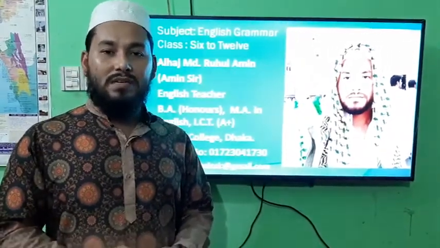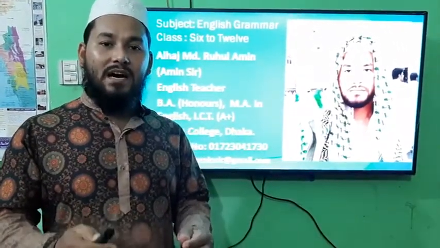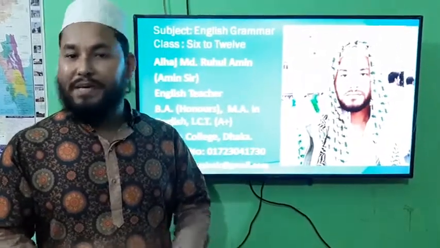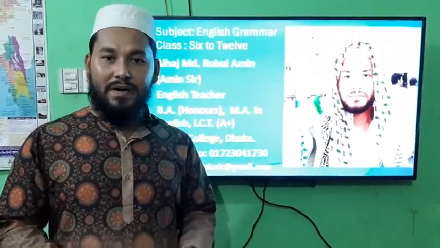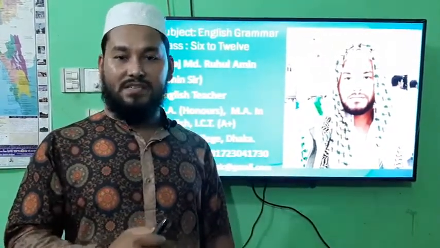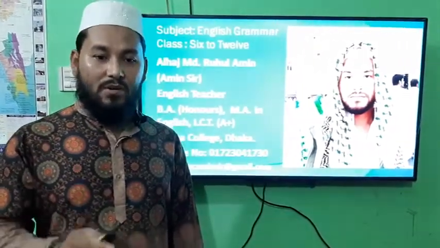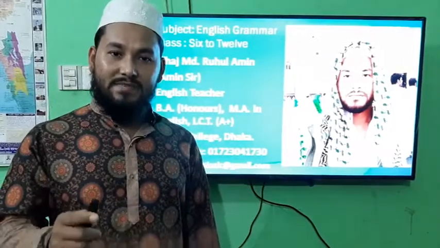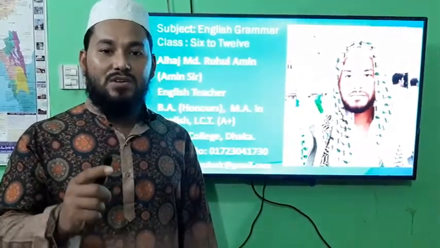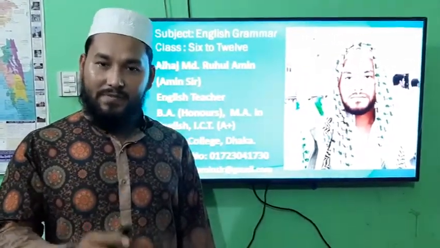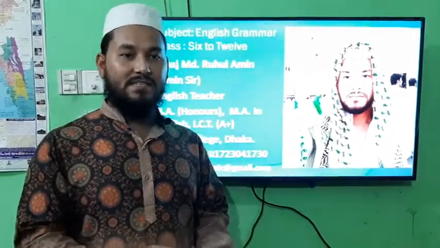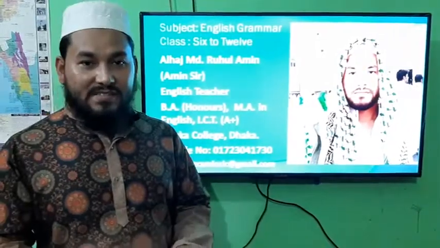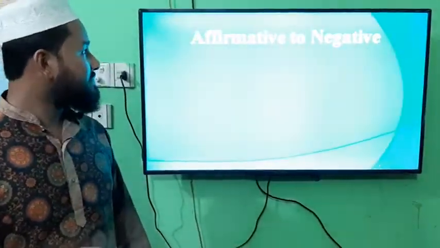Actually we know sentences are of kinds according to meaning. They are assertive, imperative, optative and exclamatory. And all of you know assertive sentence is of 2 kinds. They are affirmative and negative. Today I will discuss how to change affirmative to negative.